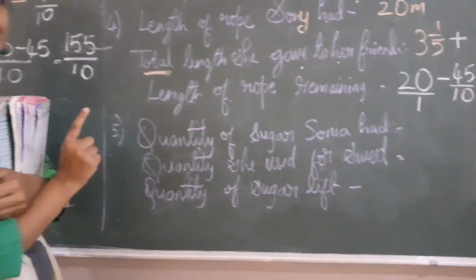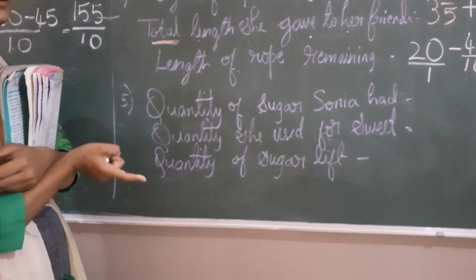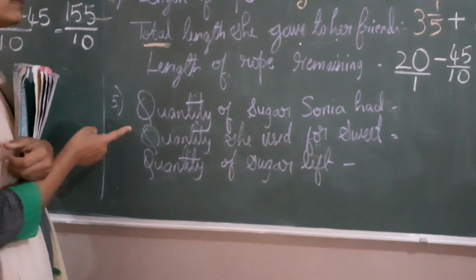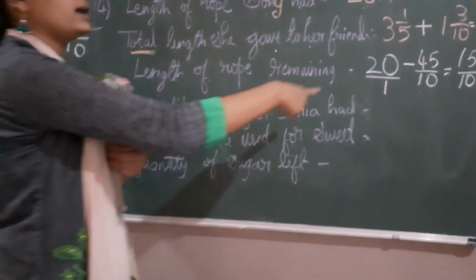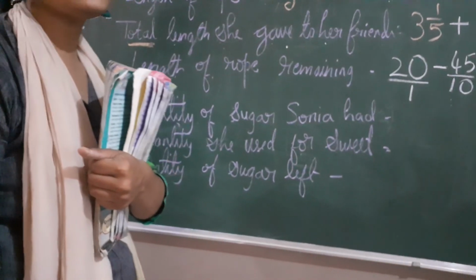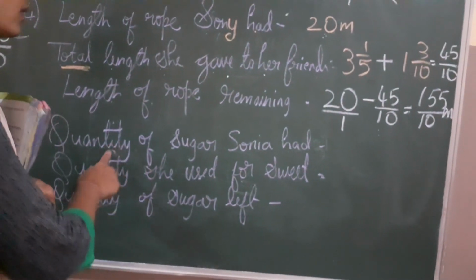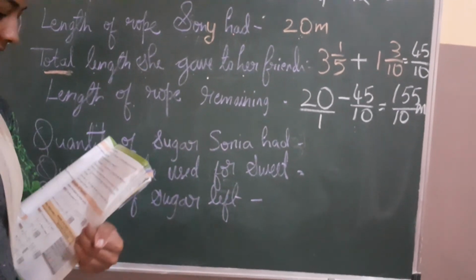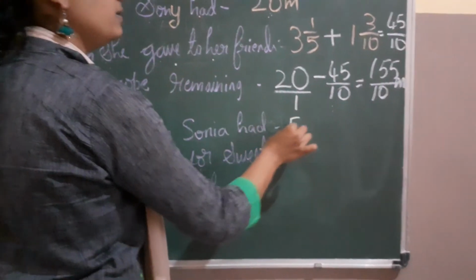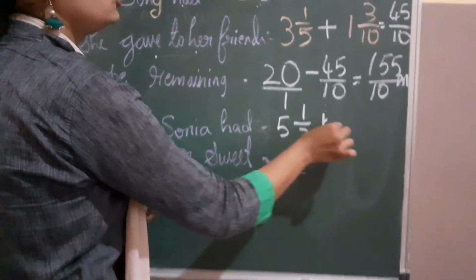Now come to the statements. Please copy the question from the textbook, children. We'll go for the statements. Quantity of sugar Sonia had was 5 1/2 kg.